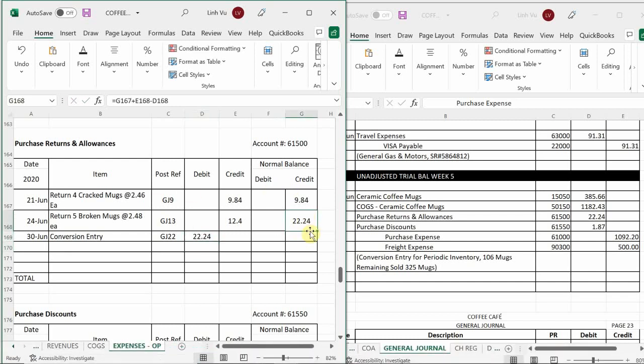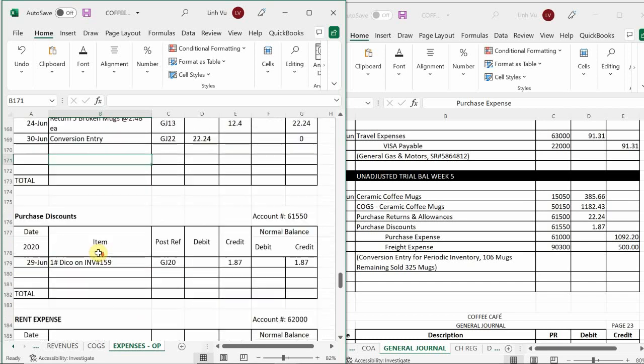So that should bring your account balance down to zero, because what we're doing is converting from our purchase expense to our inventory. That means we have to empty out that account. And how do we empty our account? We zero it out. So in this case, there you go, I have a zero account balance in my purchase returns and allowances.